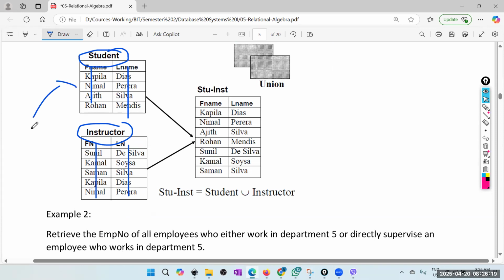If you know that it's the same thing, though it's in two different tables or whatever, still you can do the union. But if this is F name and last name, and this is something else, then you can't do it. At least you need a common field which uniquely identifies. Then you can do the union.